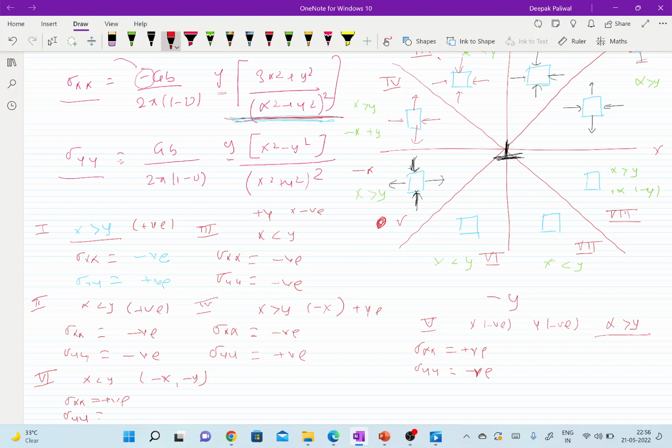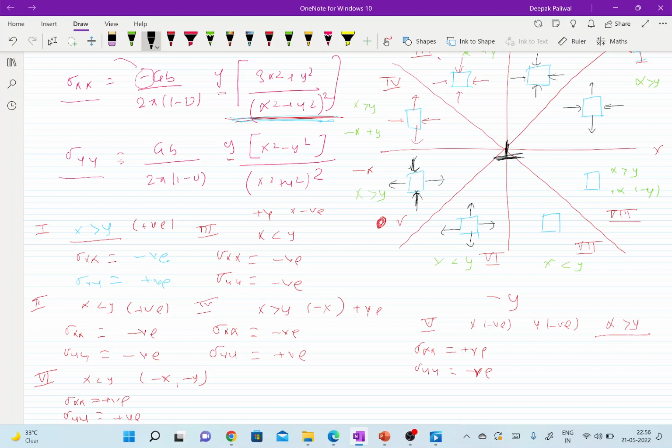And sigma yy is what, again see, y is greater here, so negative sign will dominate, and here is already a negative sign, negative negative becomes positive, so it will be positive. So this gives tensile stresses on both sides only.